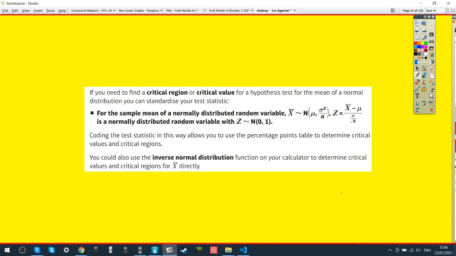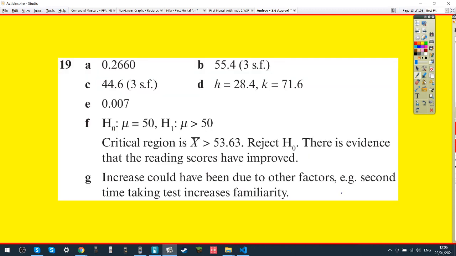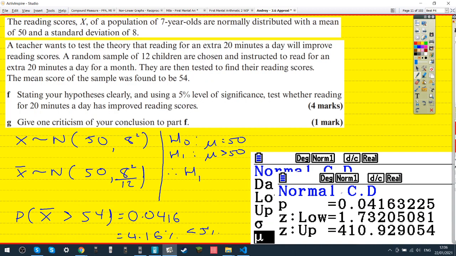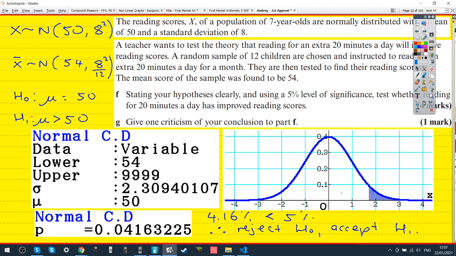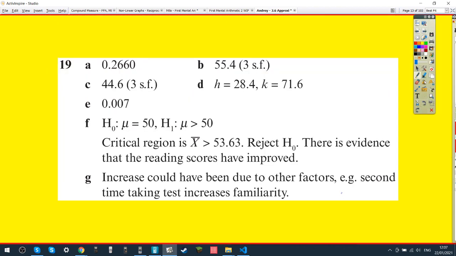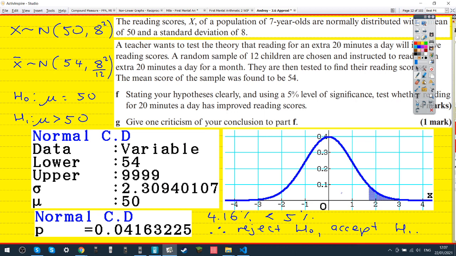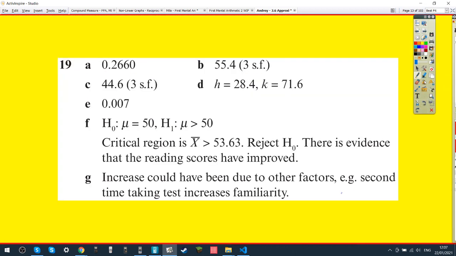So a critical region. I think I just want to see what they did. I think they've been finding the critical region.